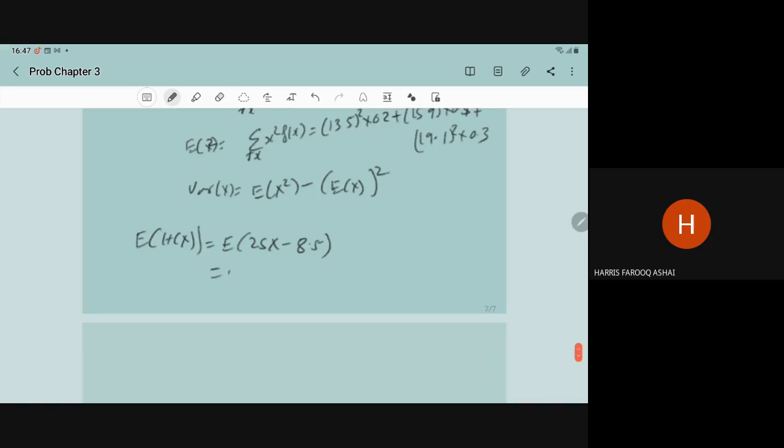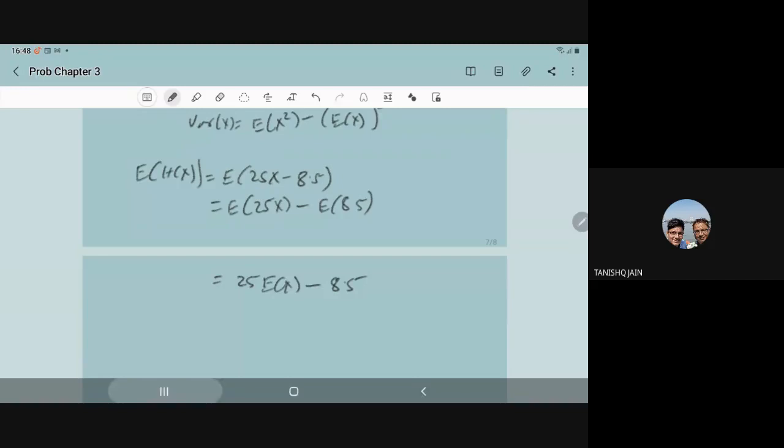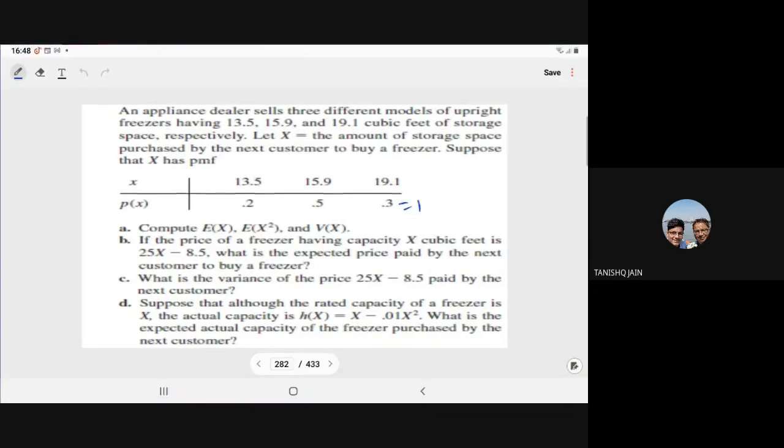So it is E of 25x minus E of 8.5. It follows the linear property. So 25 E of x minus 8.5, and E of x you have computed, so just put it here, and it will give you the expected price.